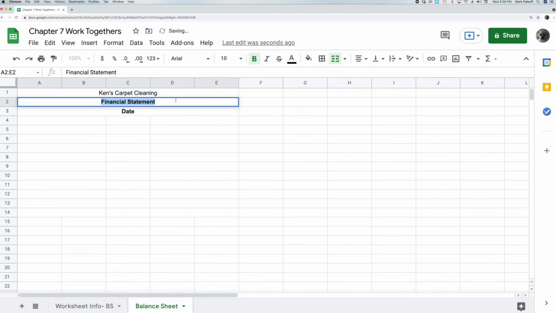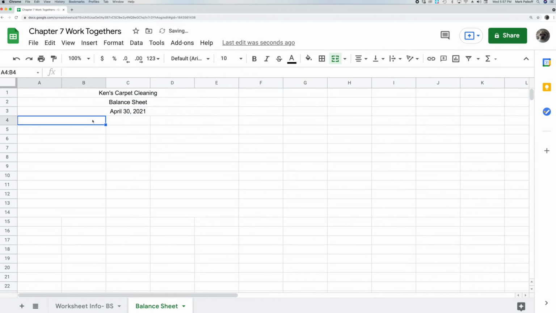Next, we are going to put in the name of the financial statement, and this is going to be a balance sheet. And then we're going to put in the date, and this is going to be April 30th of the current year, which is 2021.